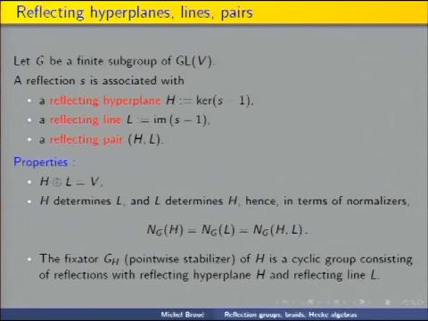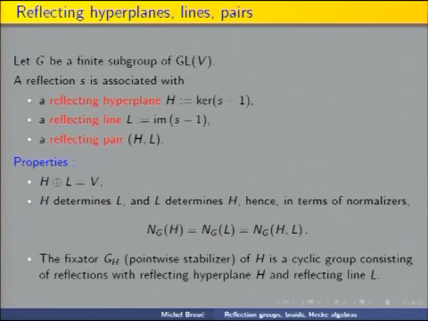The stabilizer is the, how do you say in English? The setwise stabilizer, say, while the fixator is the pointwise.